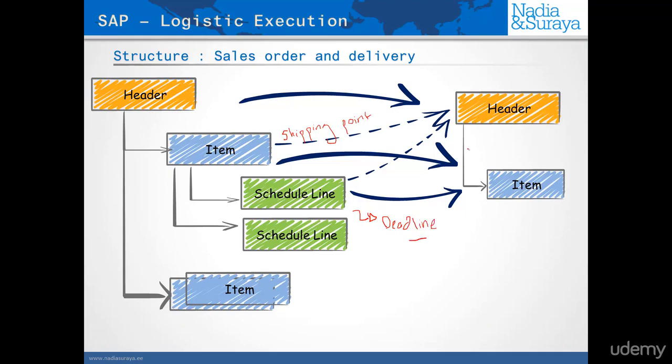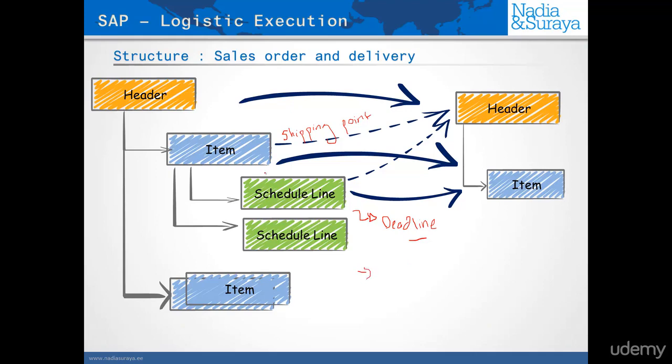The schedule line has the deadlines, so all of the delivery dates, the goods issue date, the recommended delivery dates, they're all actually copied onto the header level.